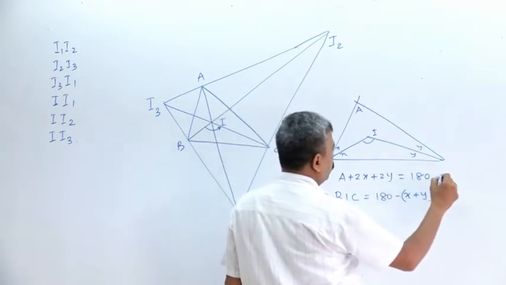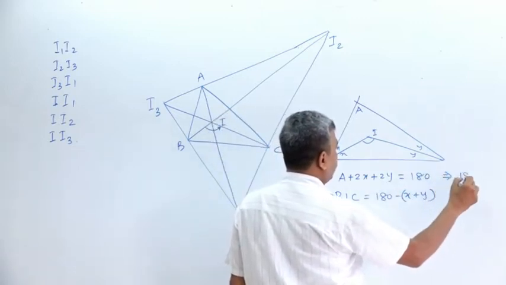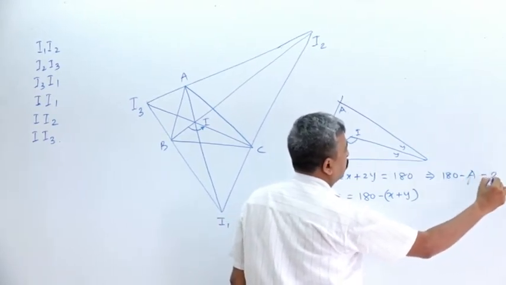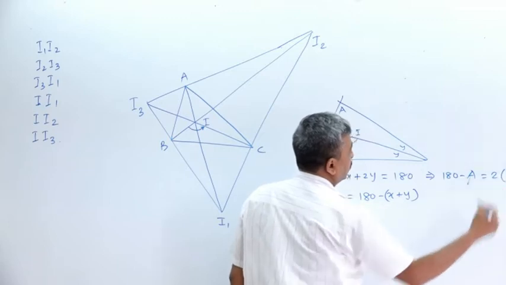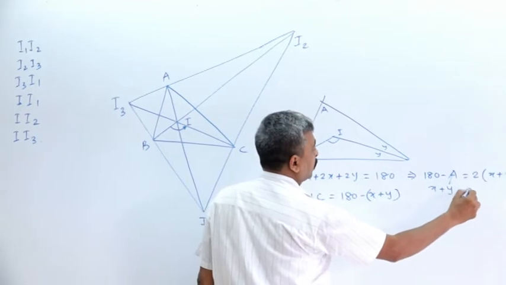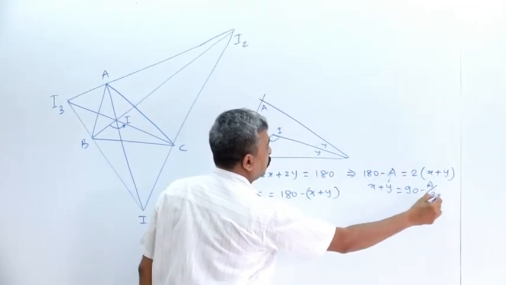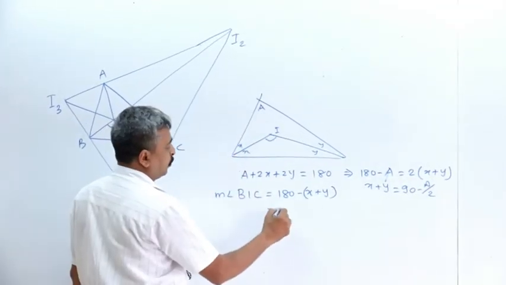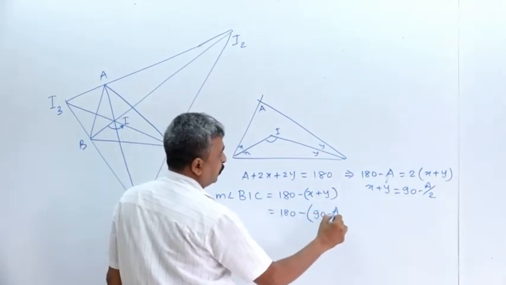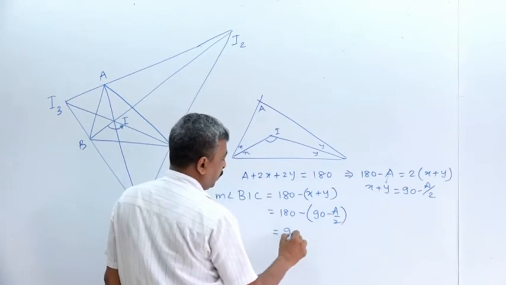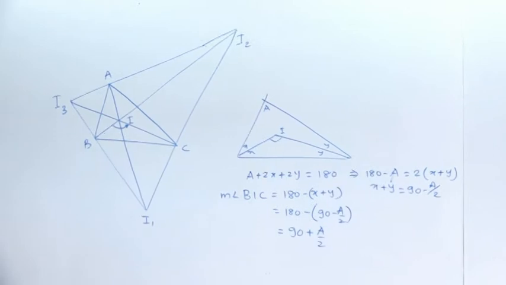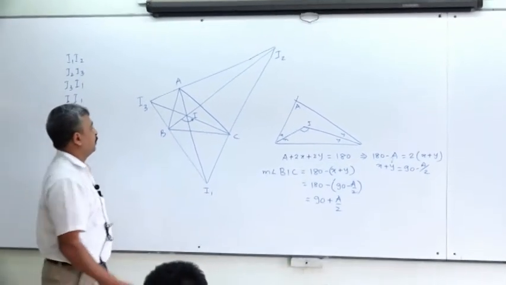So 2x plus 2y is equal to 180 minus A, which is 2 times x plus y. Therefore, x plus y is equal to 90 minus A by 2. Therefore, 180 minus 90 minus A by 2 is equal to 90 plus A by 2. So, major angle BIC is always 90 plus A by 2.